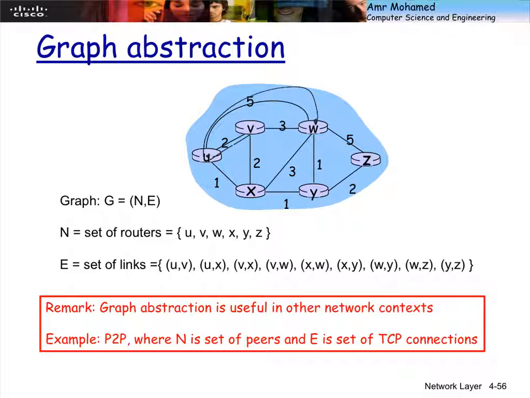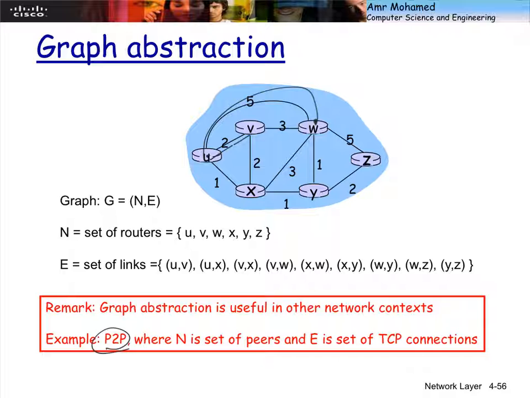So graph abstraction or graph representation is also used in many other fields, not just routing networks. It is used in peer-to-peer networks, and we have discussed that before. Regardless of the physical network topology, we can look at peers as a graph.